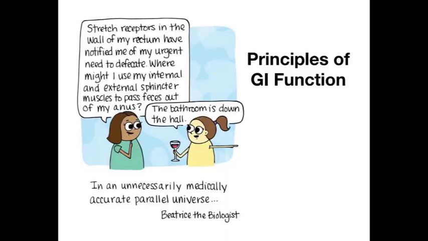So, the first thing I want to do is mention that it is a very large economical issue in terms of healthcare. More than $40 billion a year is spent on GI-related medical issues. Diarrheal diseases are like the third leading cause of health problems worldwide.